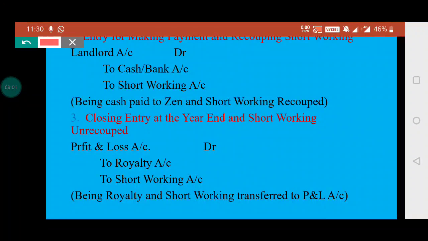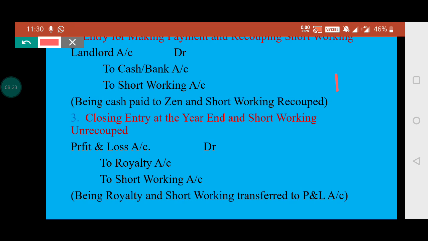Now entry for making the payment and making the short working recoup. Landlord account debit to cash or bank account to short working account. Okay.